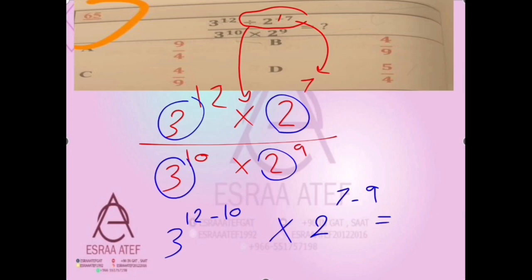It will be 3 power 2 times 2 power negative 2, because it's 7 minus 9. 3 power 2, which is 9, and 2 power negative 2 will be 1 over 4, because it's negative, so it means the denominator. So it will be 9 over 4, the answer, which is this one, A.